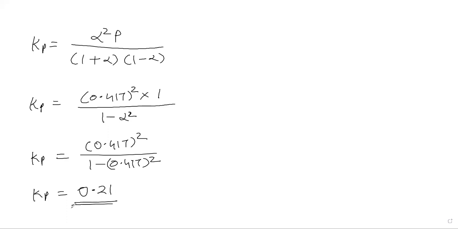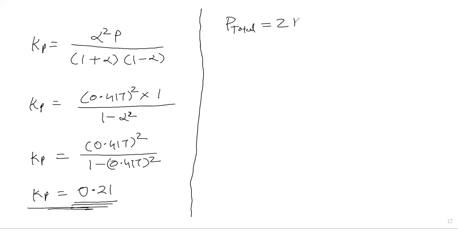Now this Kp will remain constant. If you change the temperature, then only Kp can change. Otherwise it remains constant. So Kp is a constant here. Now suppose total pressure P total is 2 bar. Then what will be the value of alpha? That's the next question.